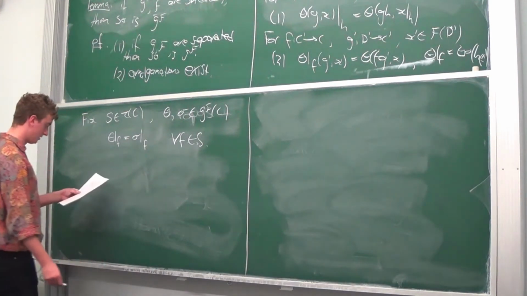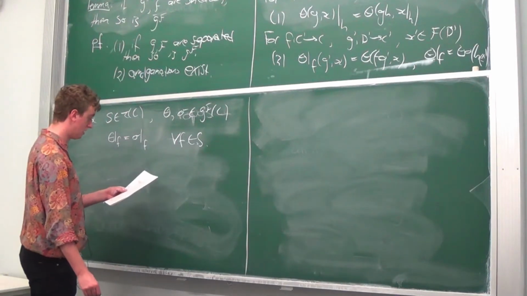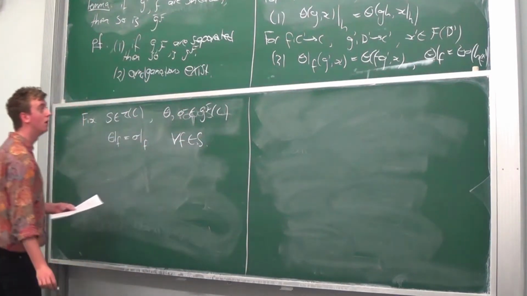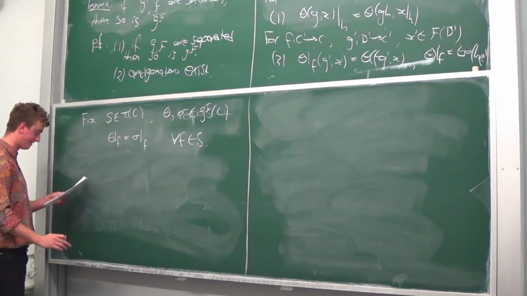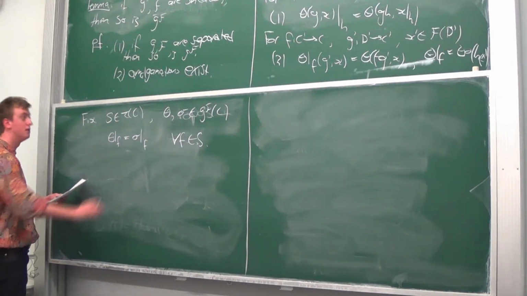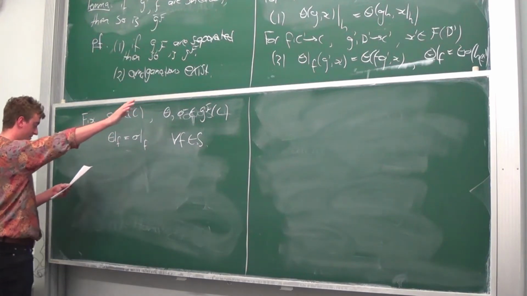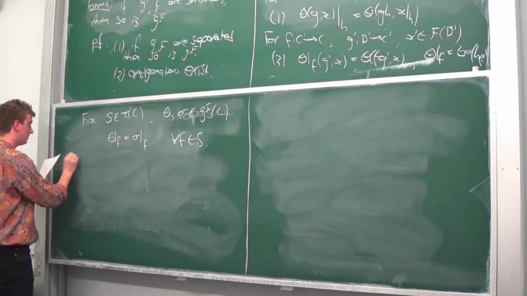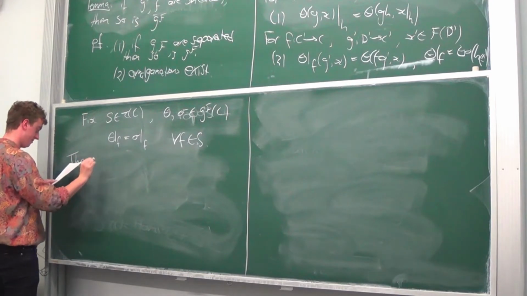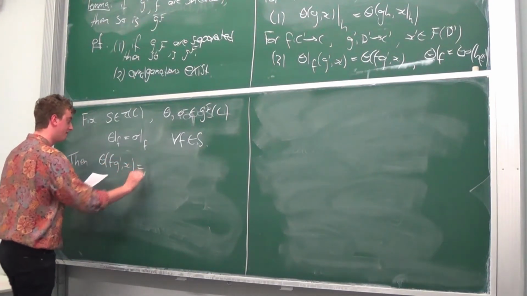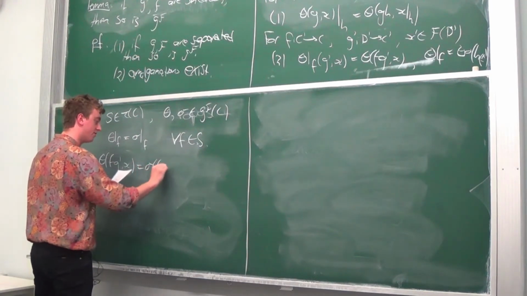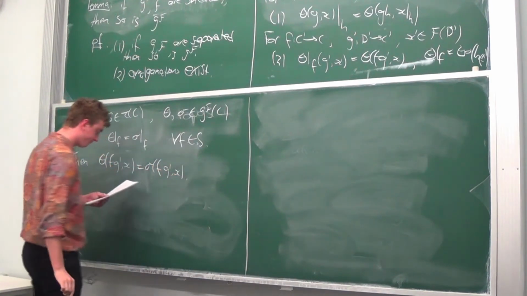So using the second property over here, the second identity over here, this restriction means that for some g prime and x prime that we have over there, we have theta of f g prime of x is equal to sigma of f g prime x.